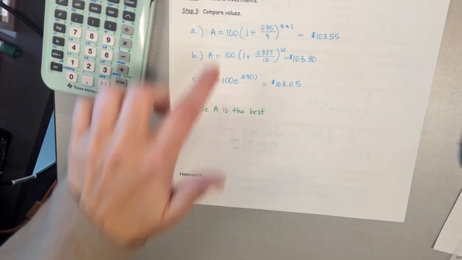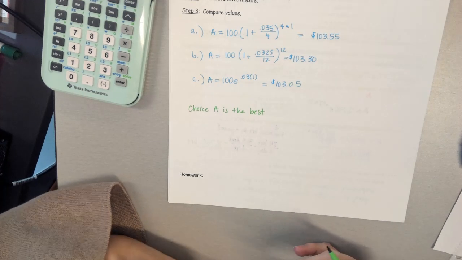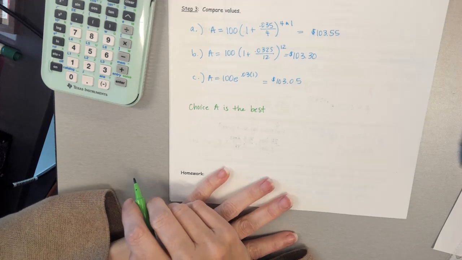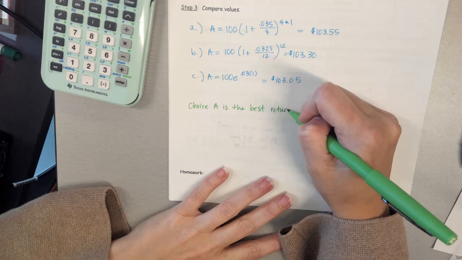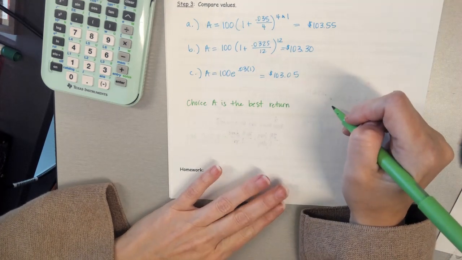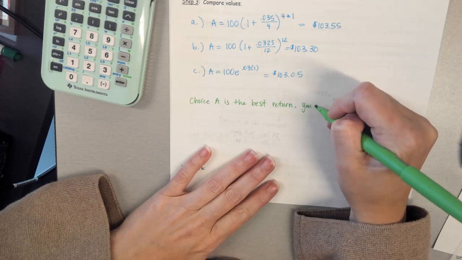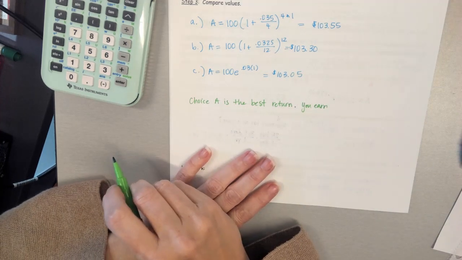If you used a different value, your answer for by how much would be different, but that's something you're going to have to say on your quiz, so I want you to practice that. So choice A is the best return. From 30 to 55 cents, how much did you earn more?